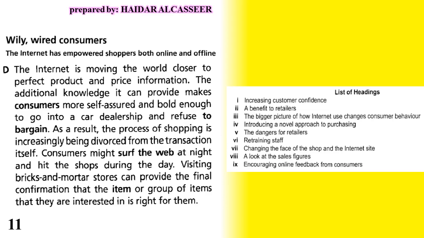The additional knowledge it can provide makes consumers more self-assured. Consumer, which means customer, or the buyer, the people who buy. More self-assured means confidence, and it says it makes them more self-assured. That means number 1, increasing customer confidence.